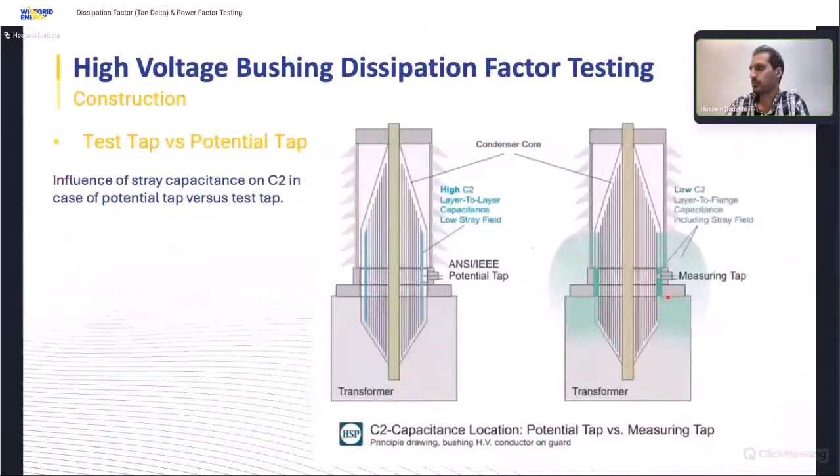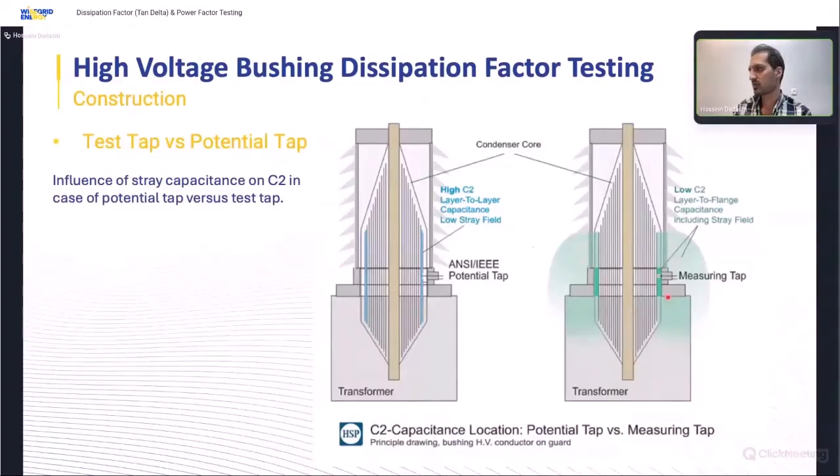Another point is related to the values. When we measure C2 of a bushing with a test tab, maybe it's 500 picofarad. But when we install the bushing on a transformer, this 500 picofarad value changes to maybe 600 or 700 picofarad. It's because of the stray capacitance inside of the transformer. So with the test tab, we will have other values for C2 when the bushing is installed in the transformer.